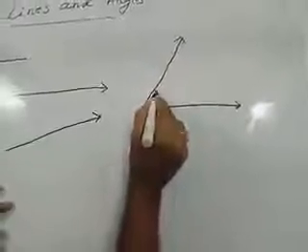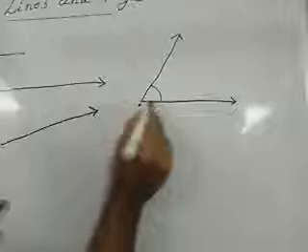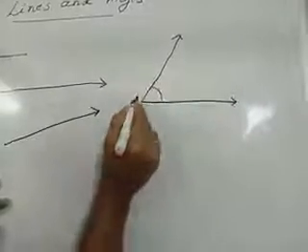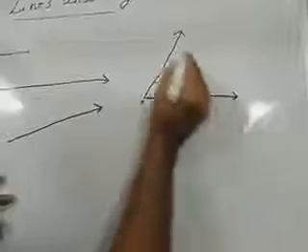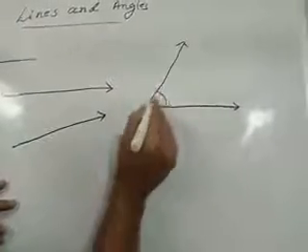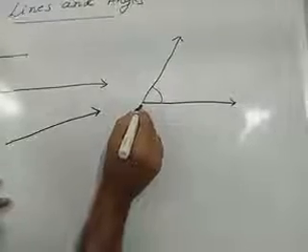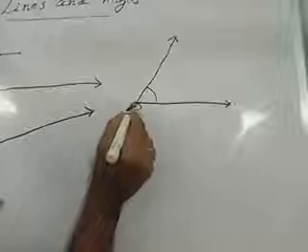This is an angle. So how do we define it? The deflection produced by two rays at a point is said to be an angle. Now the fixed point where both rays meet is said to be the vertex.